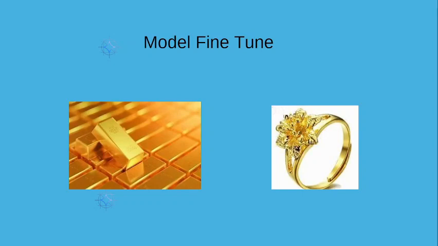Well, first of all, what does model fine tuning mean? Why do we need it? Before the theory, I just want to start from a basic story. We can see that there is a huge gold bar, but we cannot do anything with this. We cannot use it without any specification of what we want to actually do.